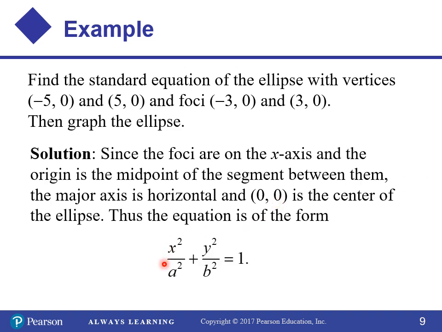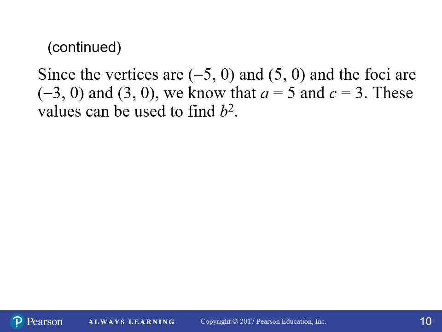So we have this format for our equation. Already, because of this, we know that our a is 5. In order to find our b, we're going to use the equation a squared minus b squared equals c squared, where a is 5 and c is 3. We plug those in and square them.